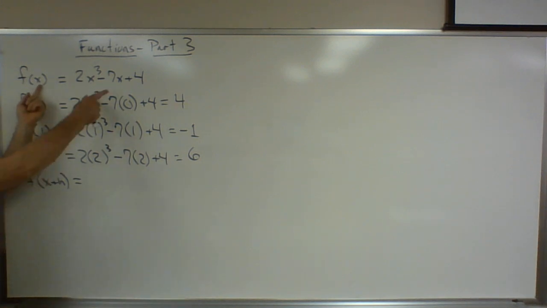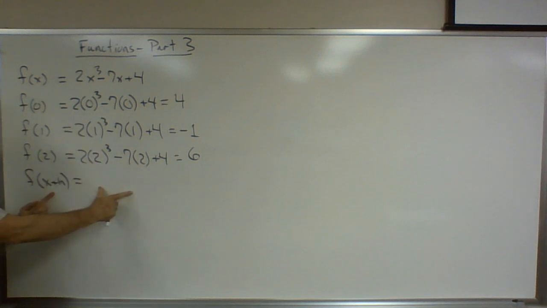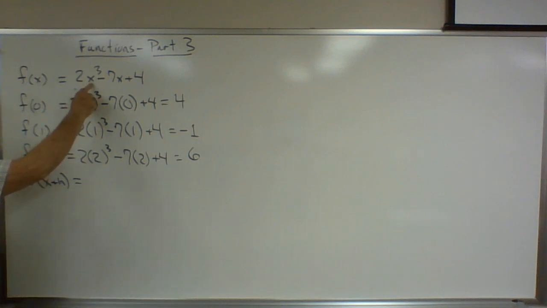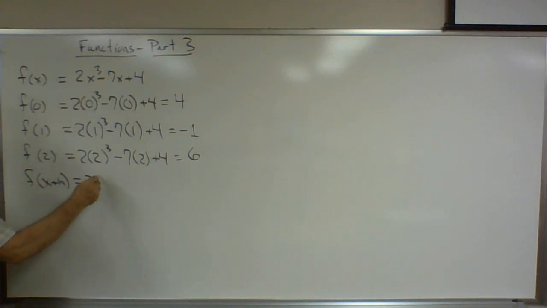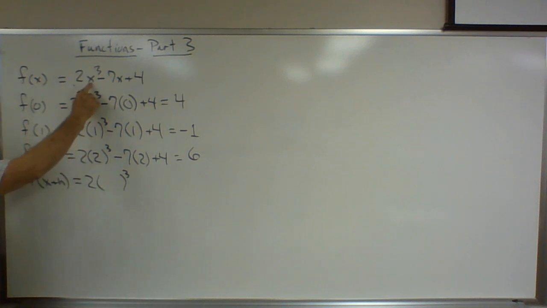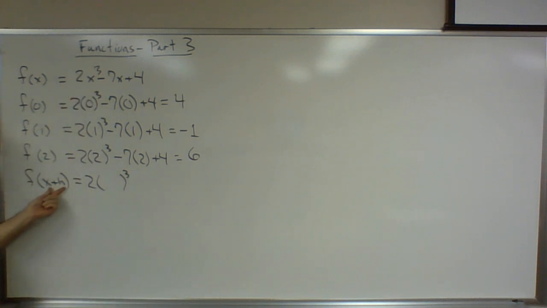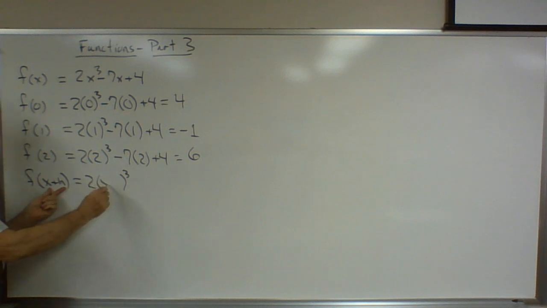And every place up here in our model that we see an x, we're going to put x plus h down here. Now we have an x up here, 2x cubed. So where we see an x up here, we're going to put x plus h down here.